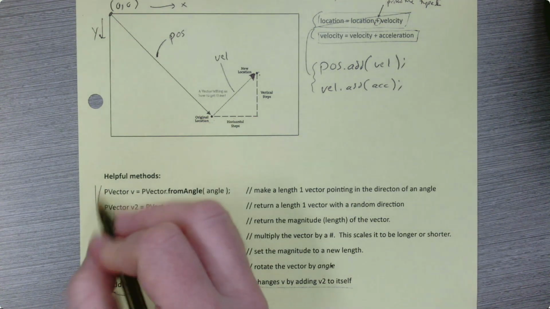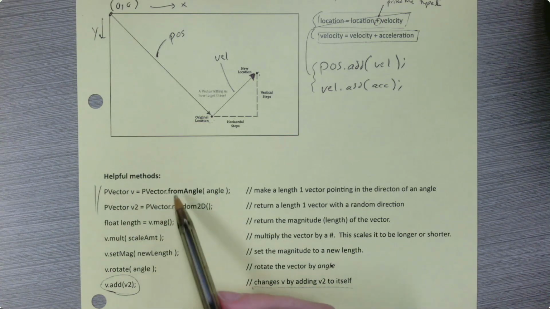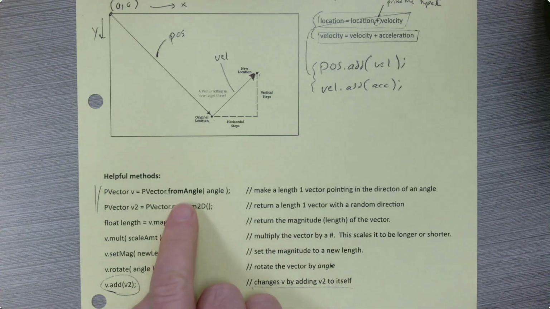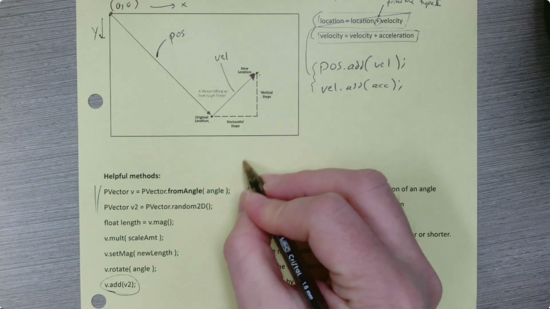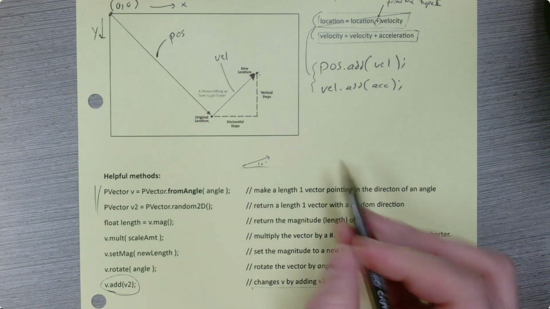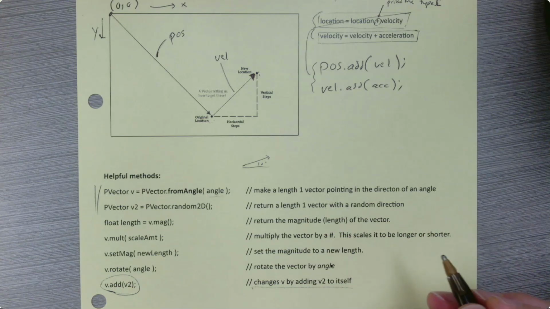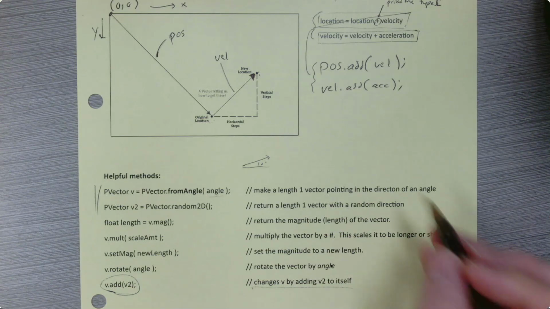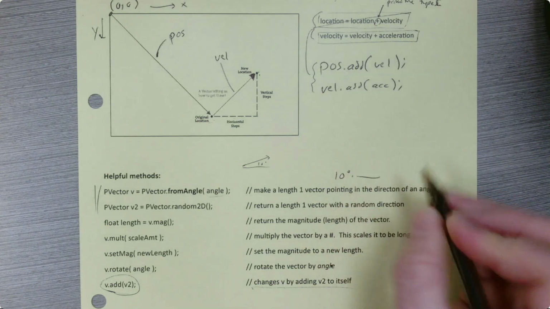Okay, what else can we do that's helpful? So there's a couple of static methods here for creating new PVectors. So you can create a PVector from a particular angle. So let's say we want to make a PVector where it's headed at an angle of 10 degrees. Although I think the angle here has to be in radians. So I guess maybe I'll just tell you right now. If you want to convert 10 degrees to radians, here's what you do.